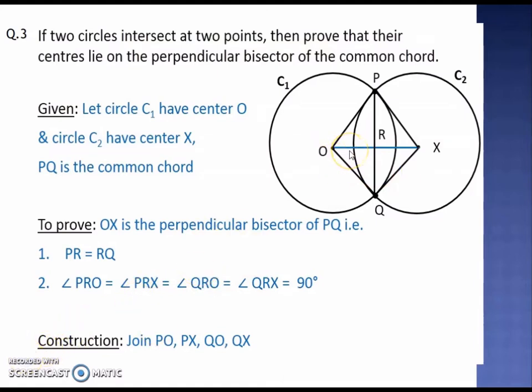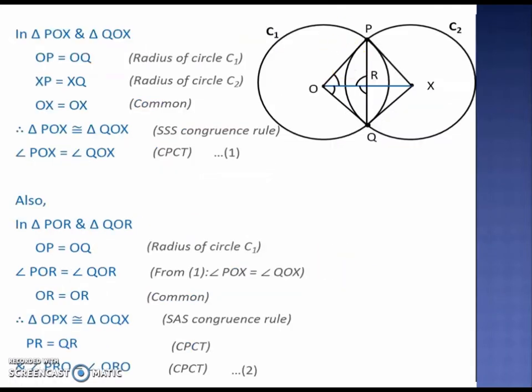You will join PO, PX, QO and QX. All these will be joined together. Now next we will consider these two triangles, POX and QOX. In these two triangles, PO and OQ are equal because they are radii of circle C1.